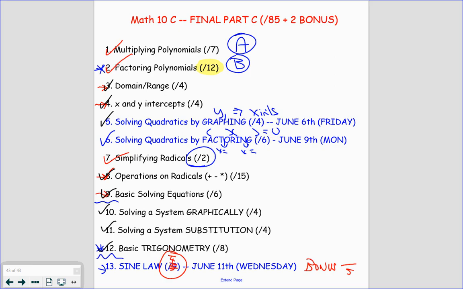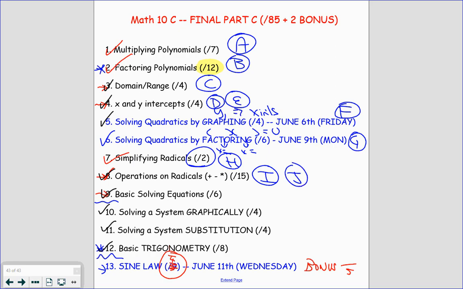Domain and range is C, X and Y intercepts are D and E. Solving by graphing is F. Solving by factoring is G. Simplifying is H. Operations is I and J, so that's the add, subtract, and multiply.